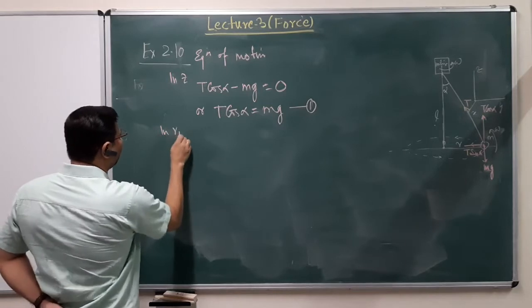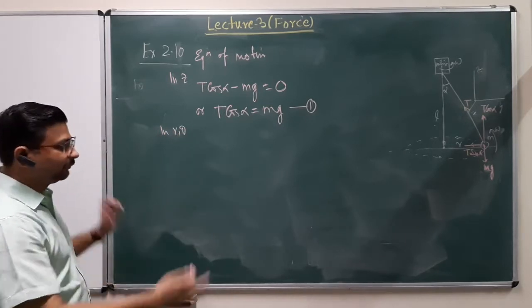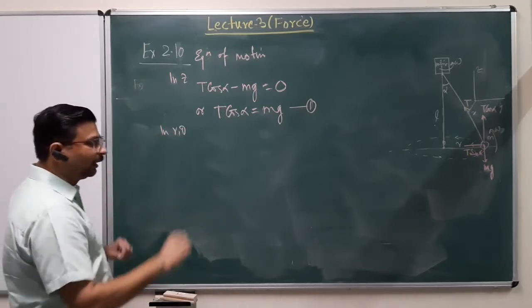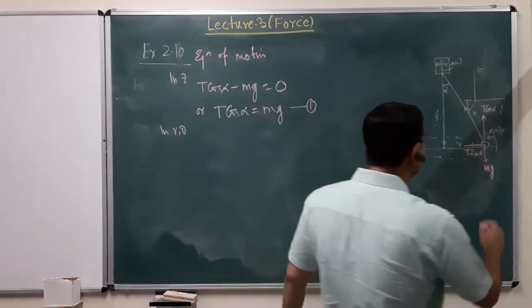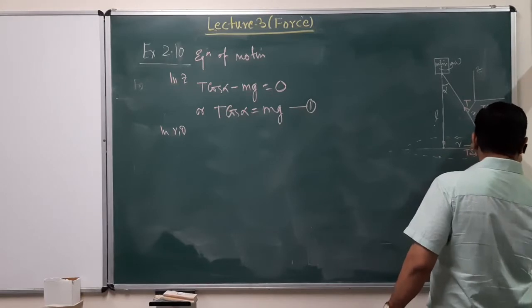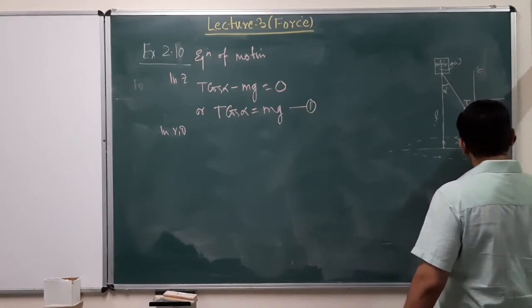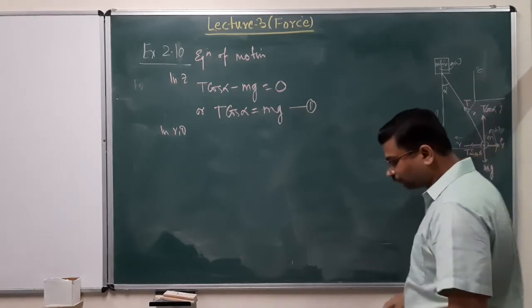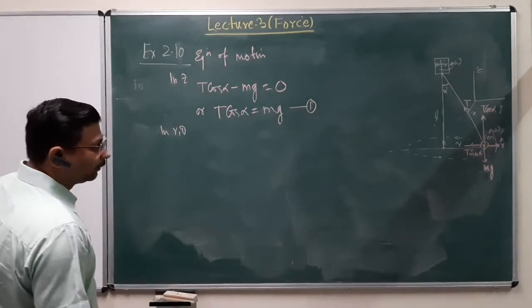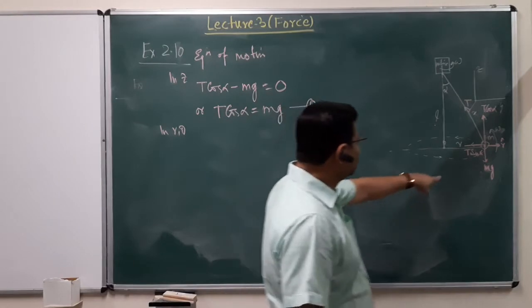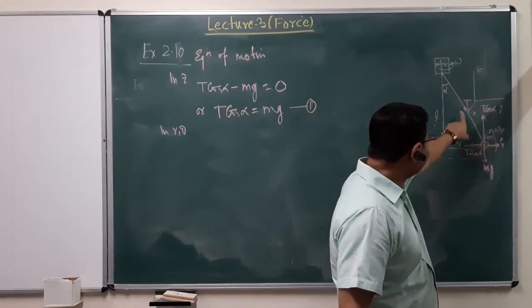In r theta now, we can do the same thing. We can write the generalized acceleration and then equate the components along r cap and theta cap. Now in this case, r cap is this direction, theta cap is in the plane tangential to this, at all different points. So now we can write that down, and what we have is a component T sin alpha coming because of tension.